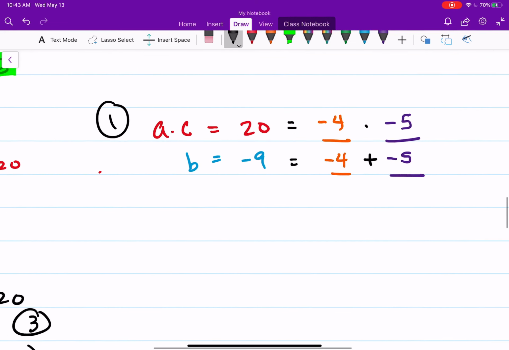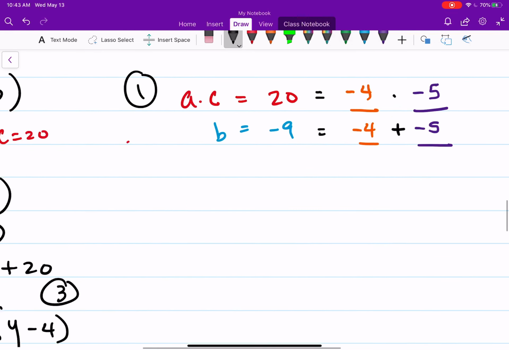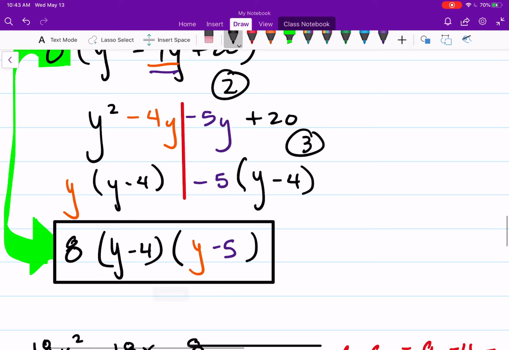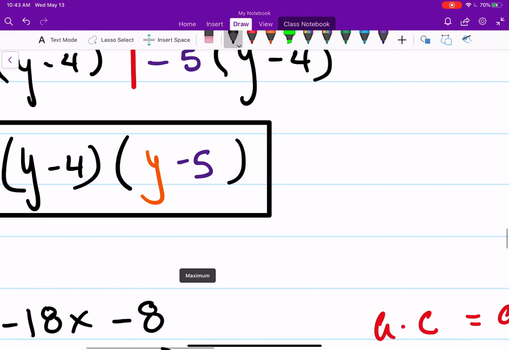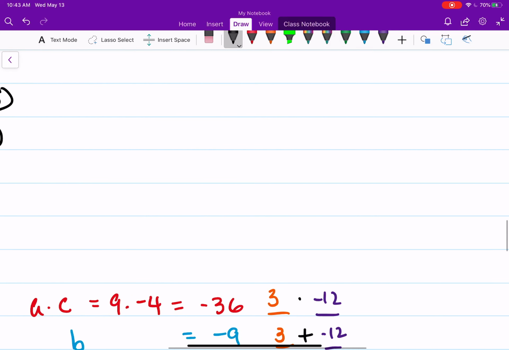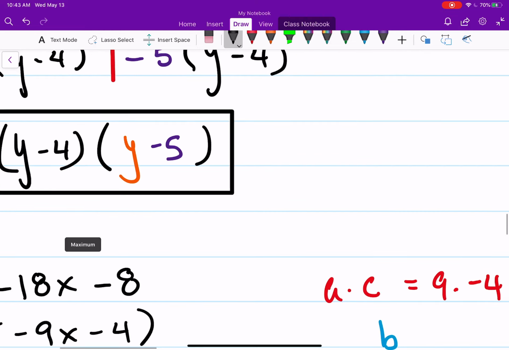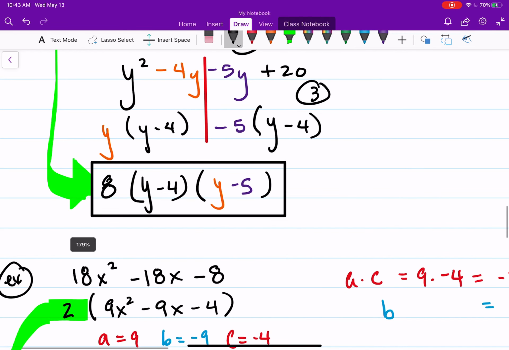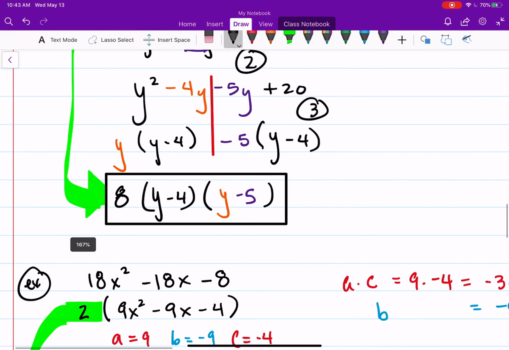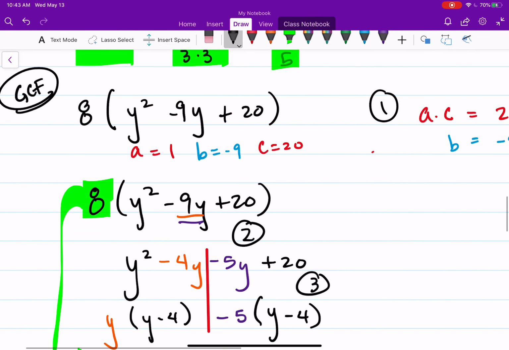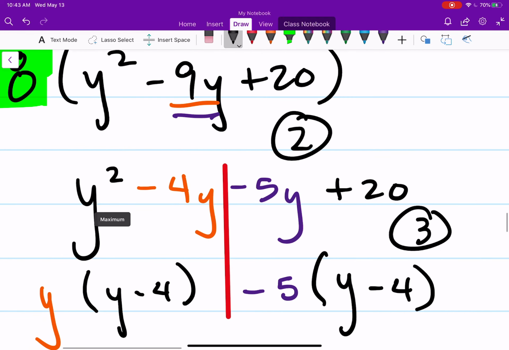Notice that my two numbers are right there. Everybody see that? Let's go back. Negative 4, negative 5. That's after the 8 got pulled out, right? But if it wasn't for that 8, then this wouldn't happen, because a wouldn't equal 1.